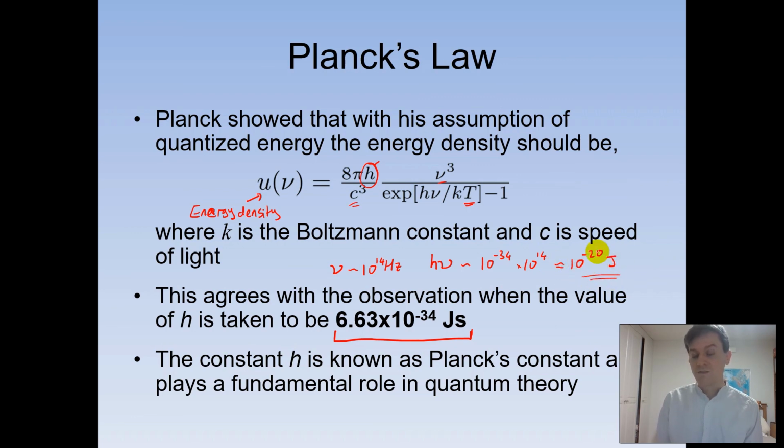So even though the possible values of energy are quantized, for visible light these units are so small that ordinarily in a normal experiment you would never notice this. We can't possibly measure units of energy as low as 10 to the minus 20, or at least we couldn't at that time.